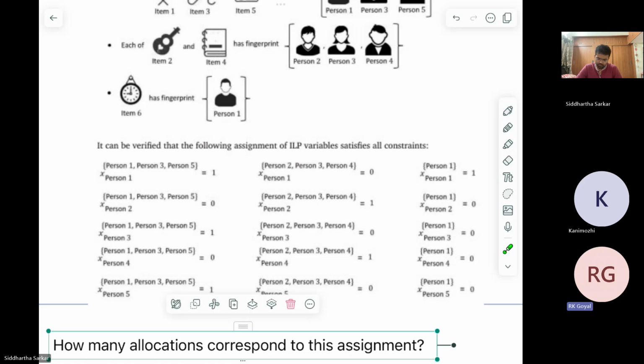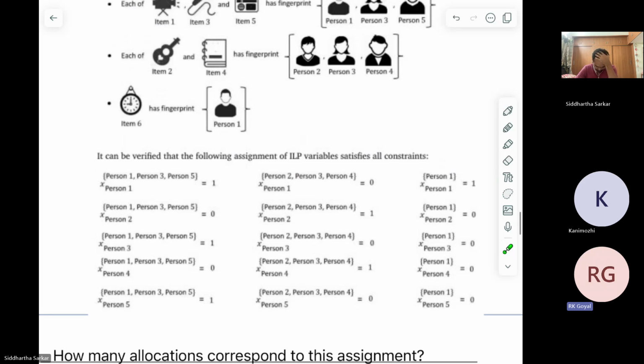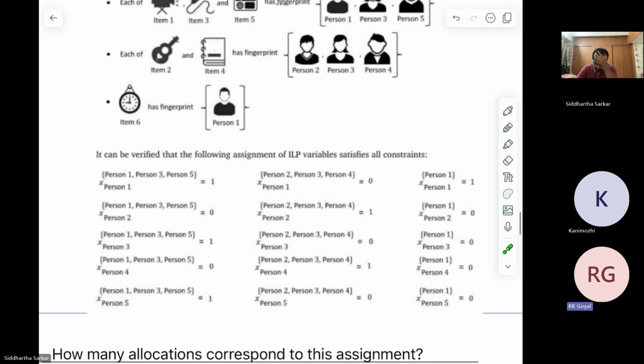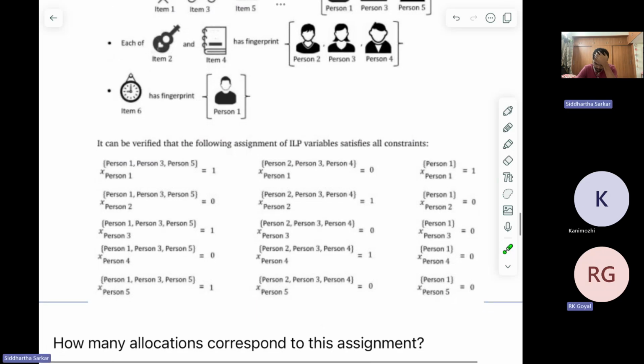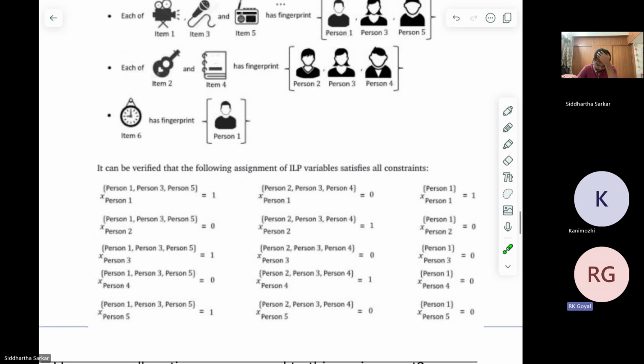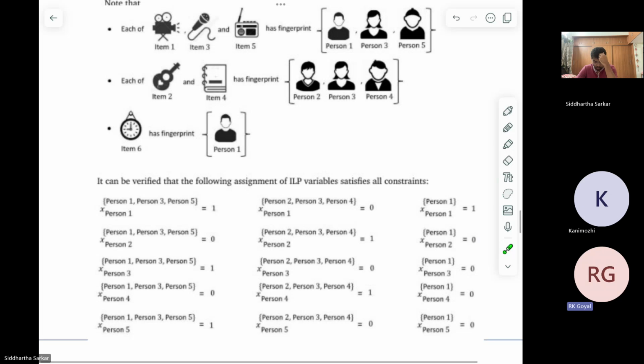So say the item 1 can be distributed in 3 ways, and the same is true for the item 3 and then the item 5. But once the item 1 has been distributed in 3 ways, then the item 3 can be distributed in 2 ways only. And then the item 1 can be distributed in one more way. So therefore, in six ways, the first three items can be distributed.